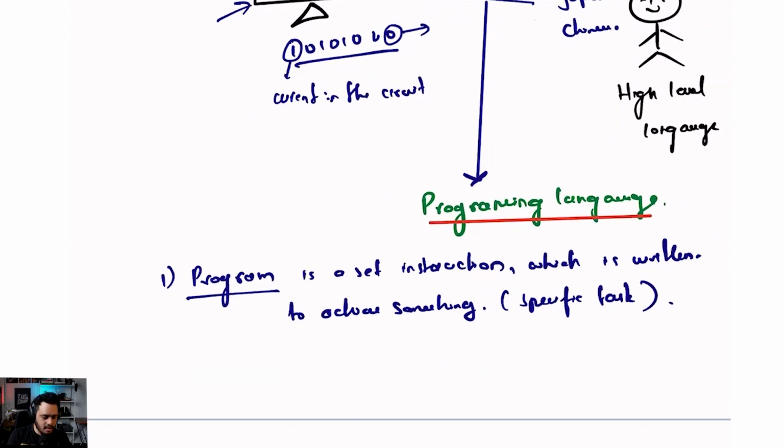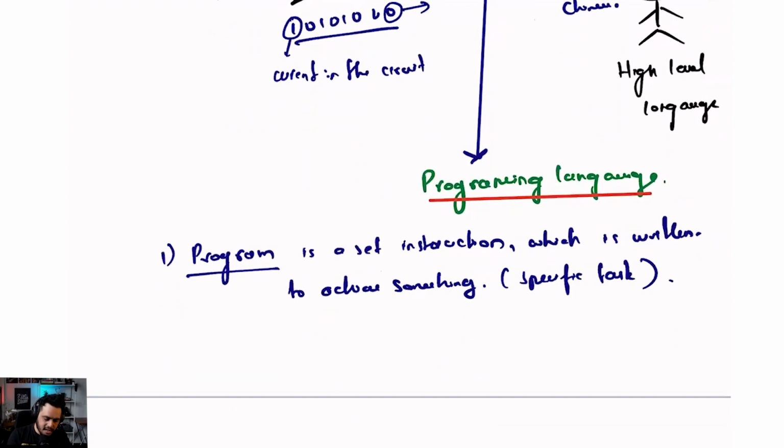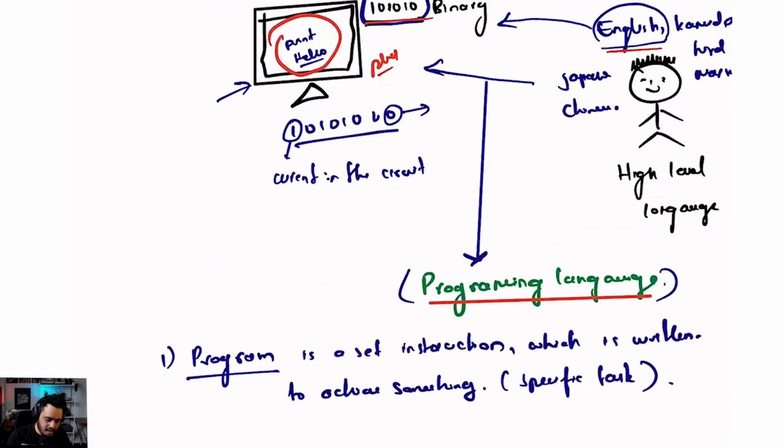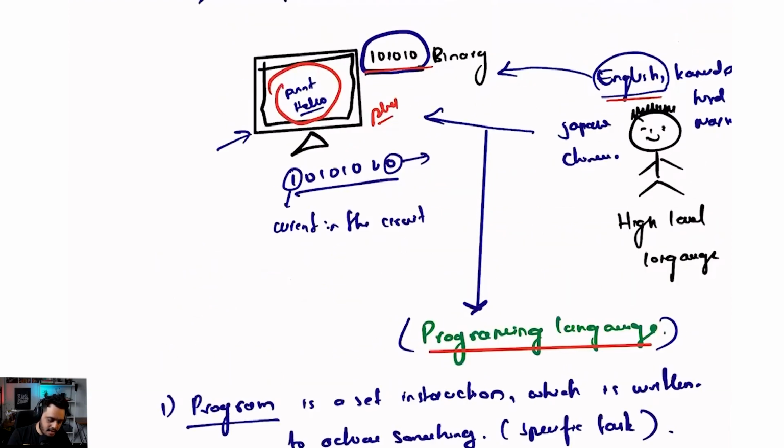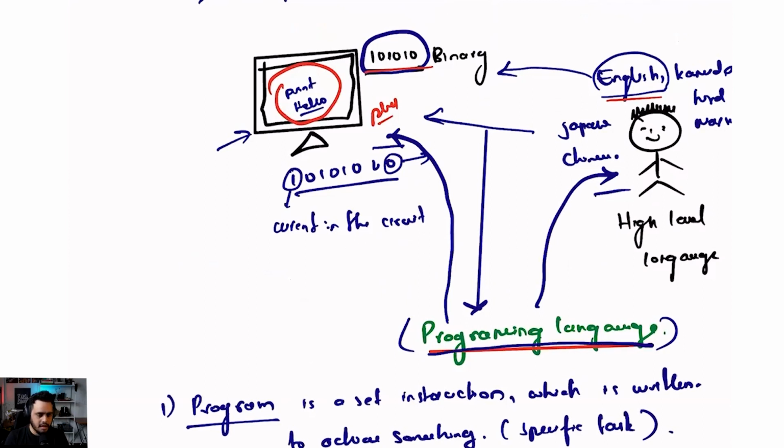So if program is a set of instructions, what is a programming language then? Programming language is a medium of communication between the computer and the human being, right?